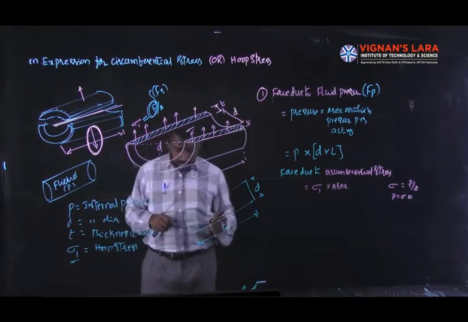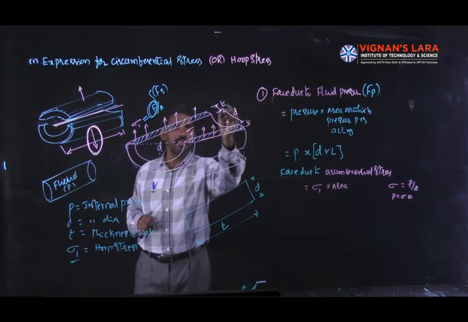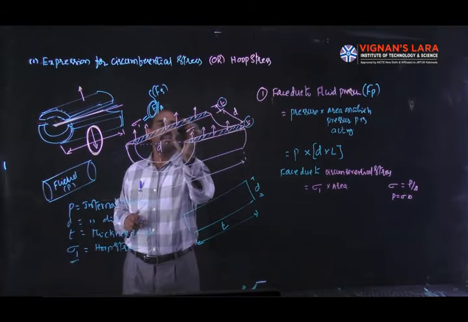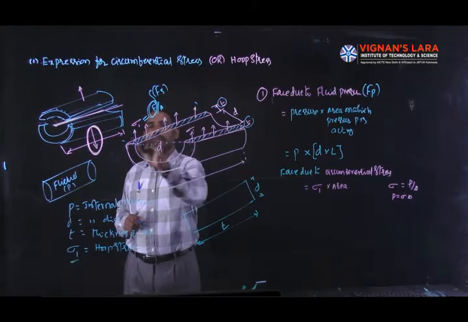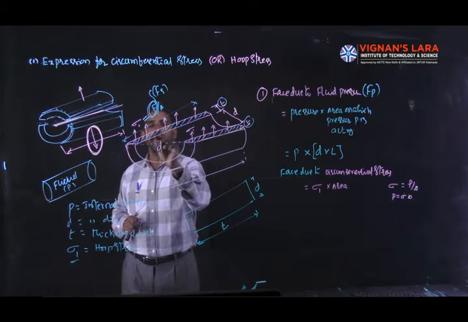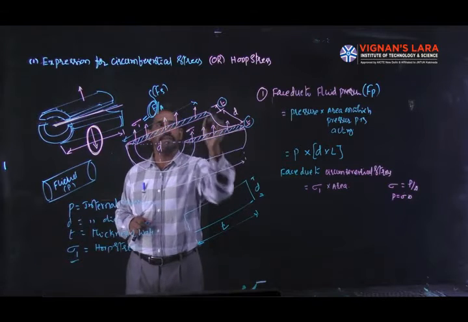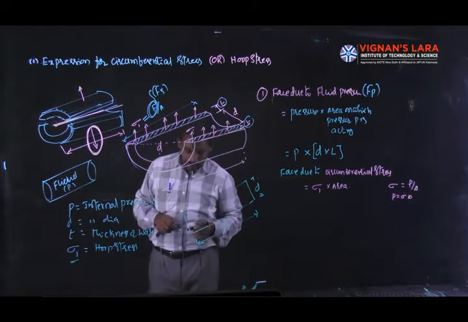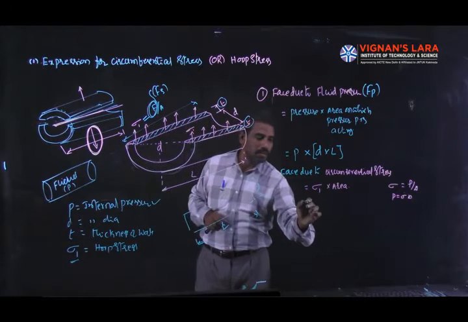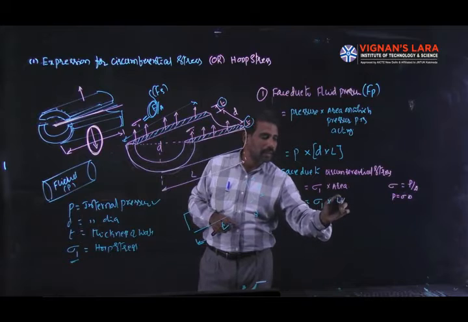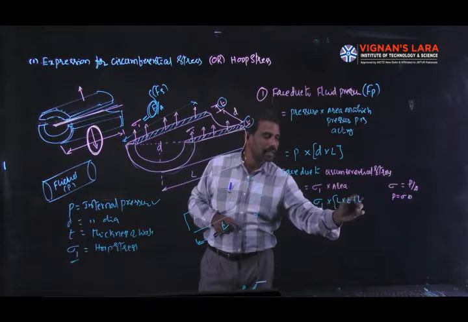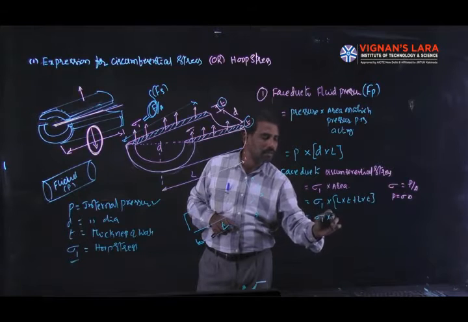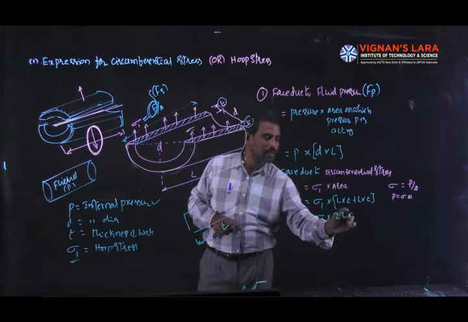Its dimensions are t and t, with length L. The area under the hatching portion is L into t, and again L into t. So it is equal to sigma 1 into L into t plus L into t, that is sigma 1 into 2L into t.